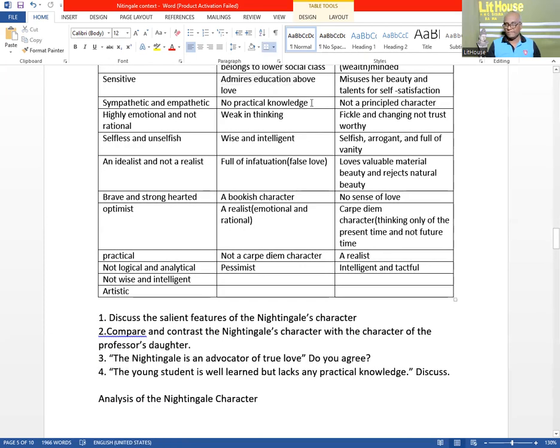Another quality. This is weakness, weak quality. What is the weak quality? No practical knowledge. The Nightingale has practical knowledge. She knows how to make a red rose. But this boy has no practical knowledge. He does not know how to find a solution for his problem.